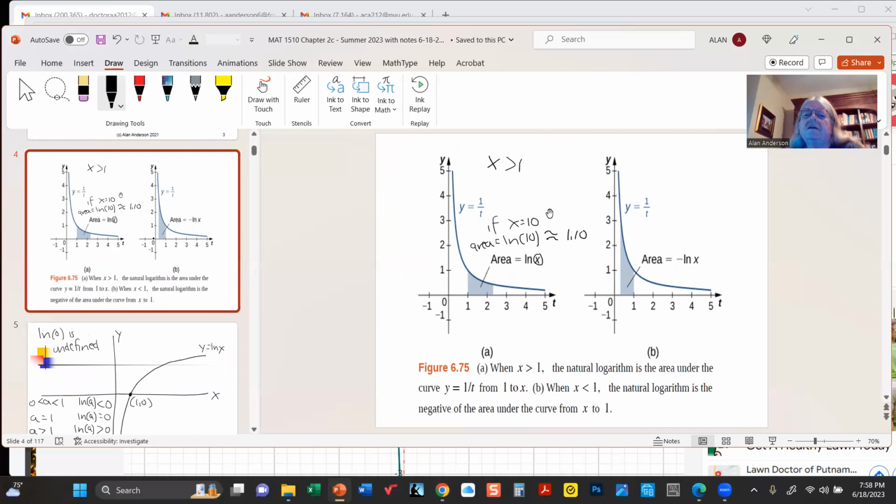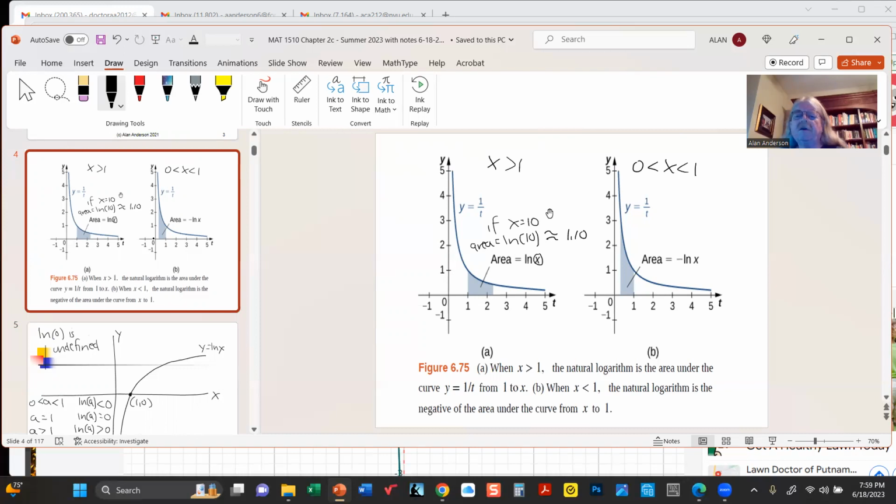And so what they're saying is that on the left-hand side, x is less than 1, although it's not going to be allowed to go down to 0. So while the rule looks exactly the same, the area is indeed the shaded region, but it's below the axis. So therefore, it is negative. It's defined as being negative because it is below the horizontal axis.